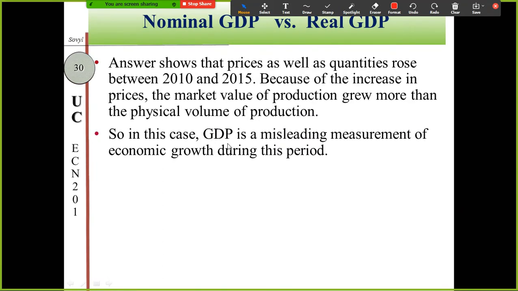So in this case, GDP is a misleading measurement of economic activity during this period, 2010 to 2015.